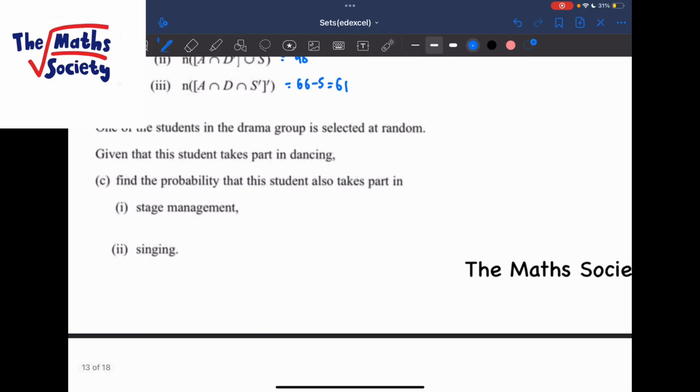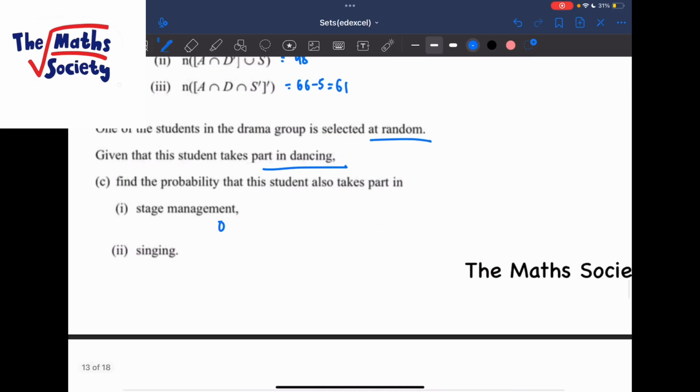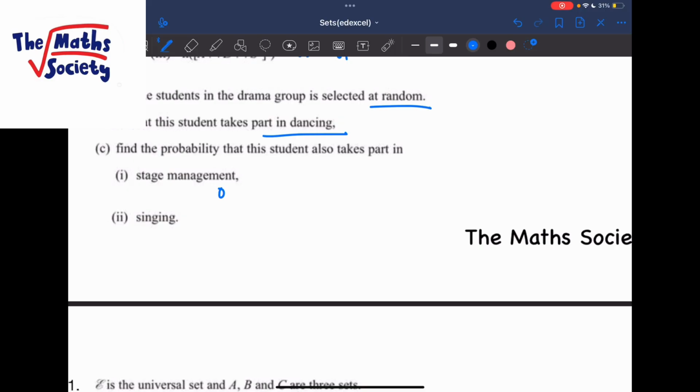It says that one of the students in the drama group is selected at random. Given that this student takes part in dancing, find the probability that the student also takes part in stage management. We know that no one takes part in acting and singing together with stage management, so we can say that it's just 0. For singing, we can say the student also takes part in singing and dancing.